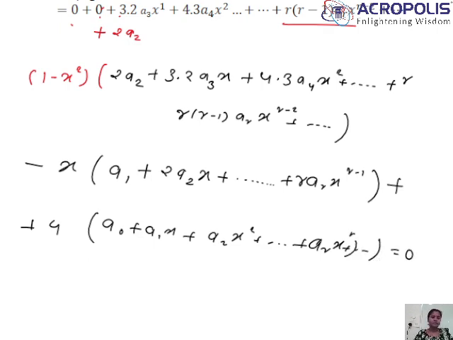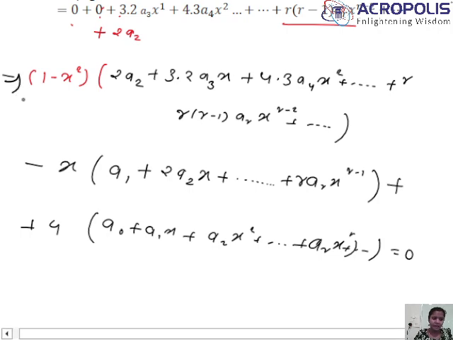Now we get an identity equation. This equation is known as an identity equation.